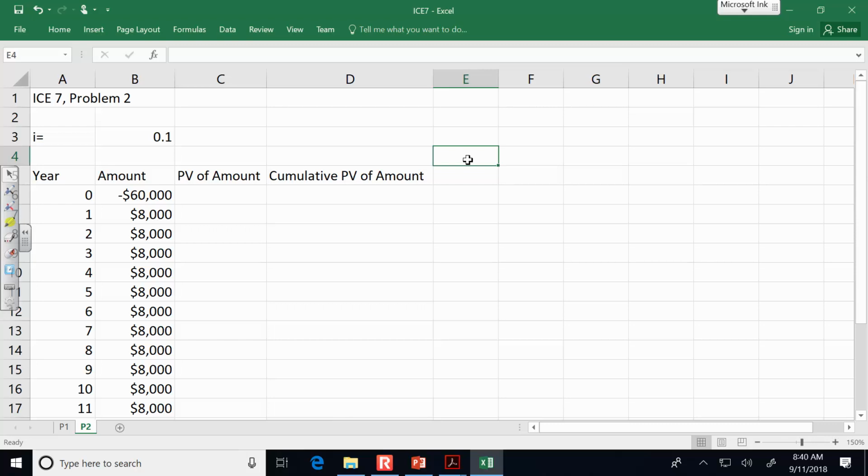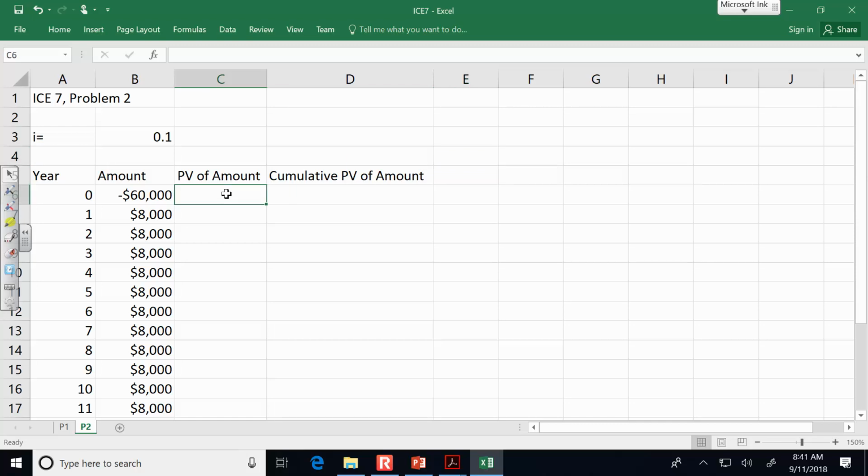As we're looking for break even, we're going to find the present value of the amount. So the formula is going to be the same as it was in that first in-class exercise. The present value is the future value times 1 plus I to the negative n power. That's what's telling me how to discount these amounts at 10%.